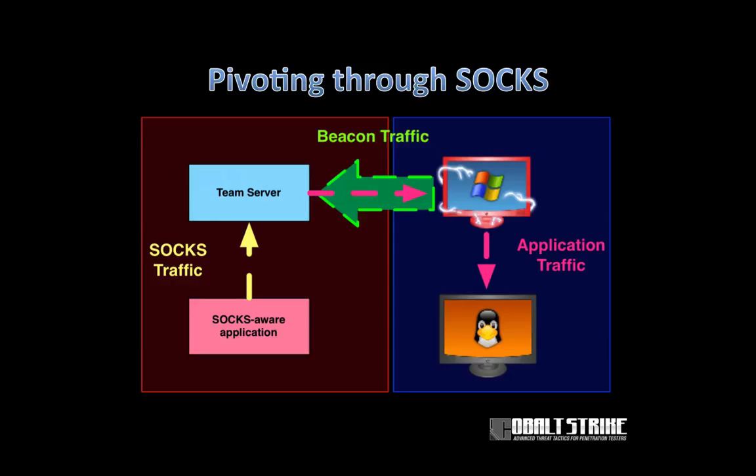So the team server initiates a connection to the requested host and port, and what we end up with is the application traffic riding through our Beacon traffic and through the compromised system and interacting with the desired target in blue space. That's what proxy pivoting looks like.